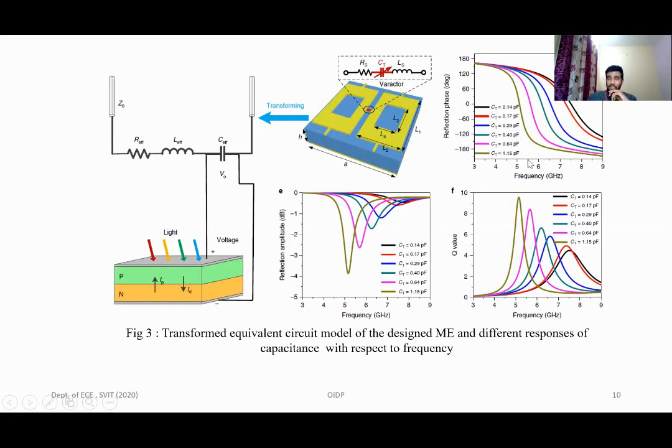The capacitance increases with the frequency increase, and the reflection amplitude is measured in dB, whereas the Q value decreases with respect to frequency. Next.